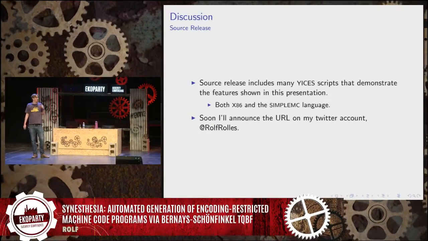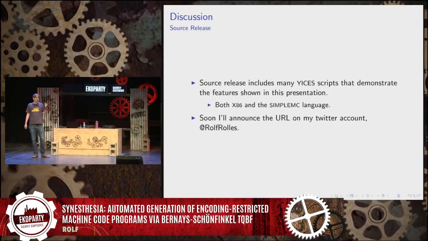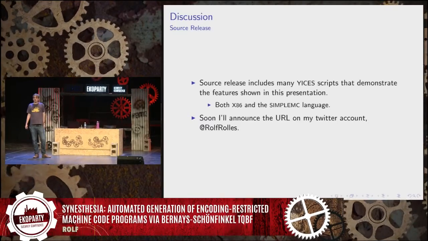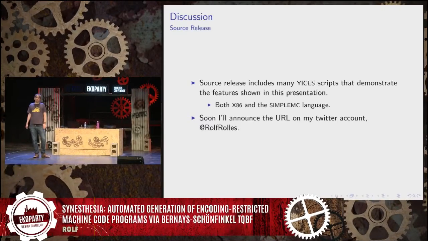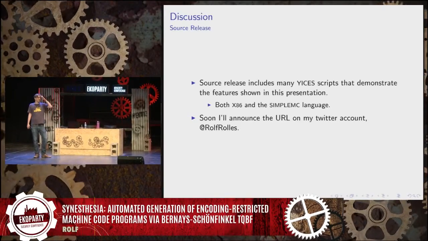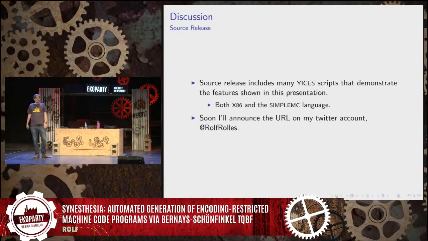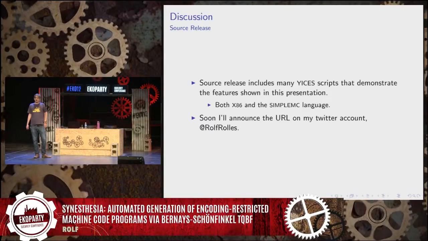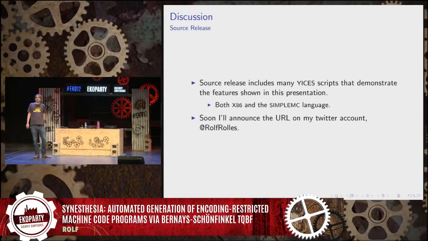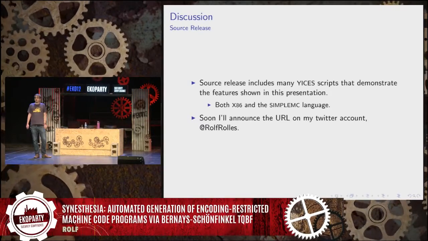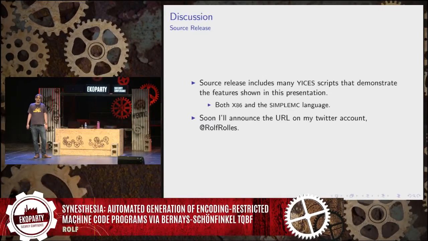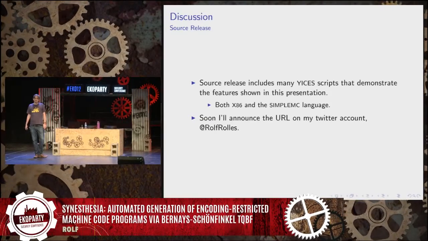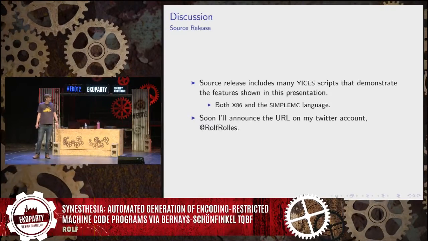OK, so I need to clean up the source code before I release it. It has not yet been released, but I did write all this code, and it all works. I just want to make sure everything is clean and consistent. The source code is in Yices Lisp. The scripts for simple MC are about 1,000 lines apiece, and for x86 it's more like 3,500 lines of Yices Lisp or something like that.